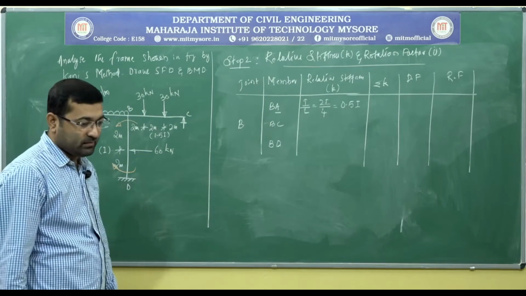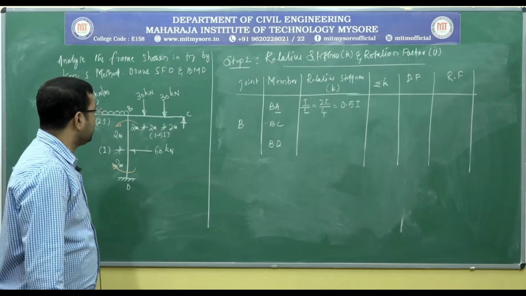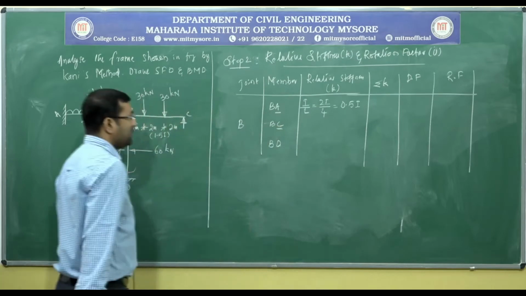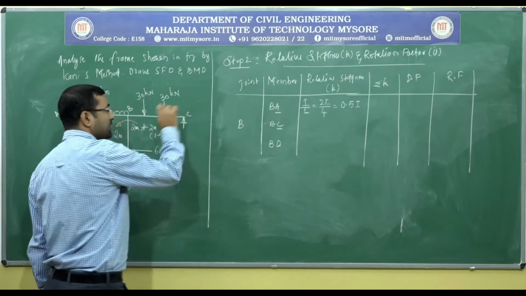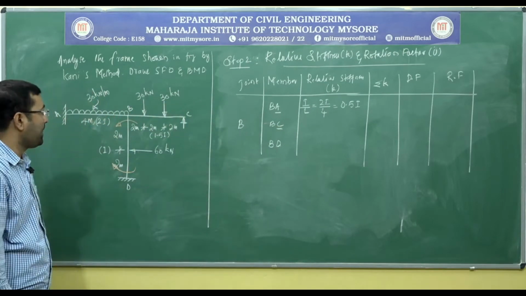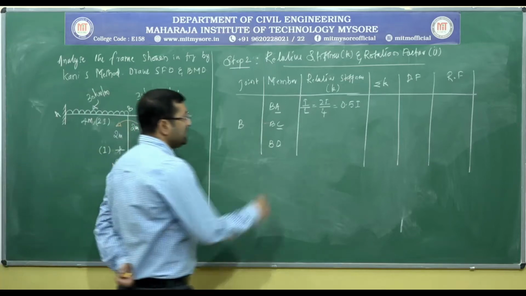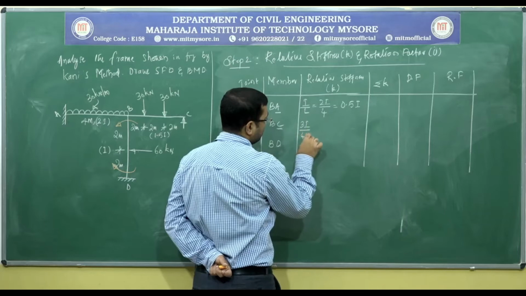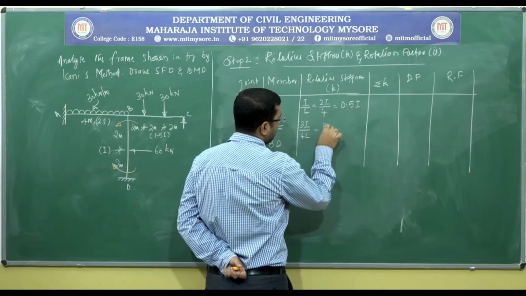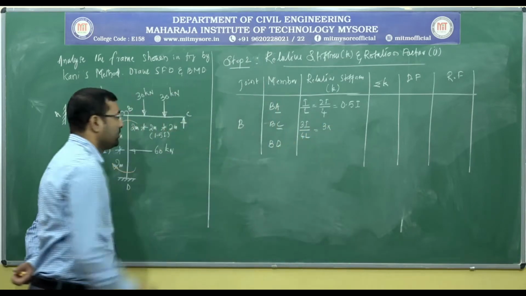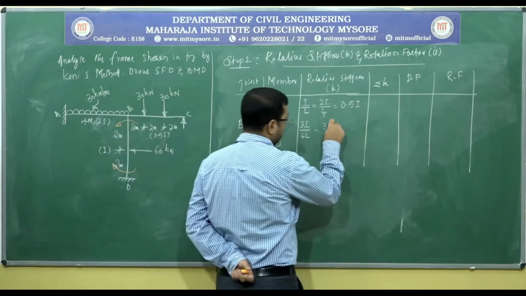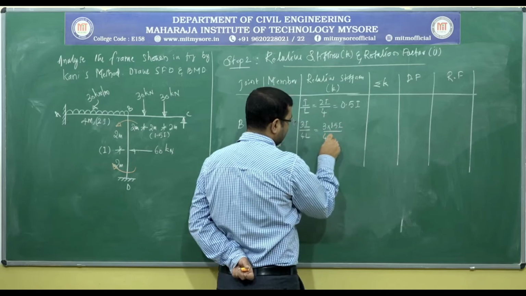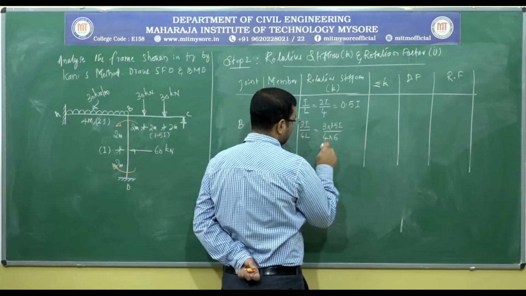And for the BC member, C is the far end. So here C is simple in nature. So it is 3I by 4L. So 3 into I value for the BC member, which is 1.5I, divided by 4 into L, which is 6.